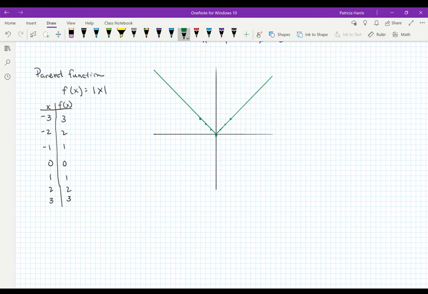All right. Okay, so the first thing that I notice is it's in the shape of a V. The second thing that I notice is that the apex of the V occurs at 0, 0. Well, it's not really an apex because it's not a high point. So we're going to call it the vertex.